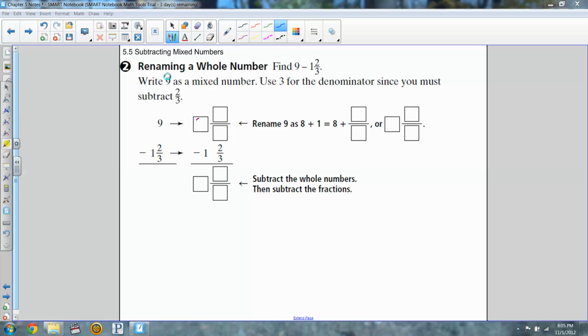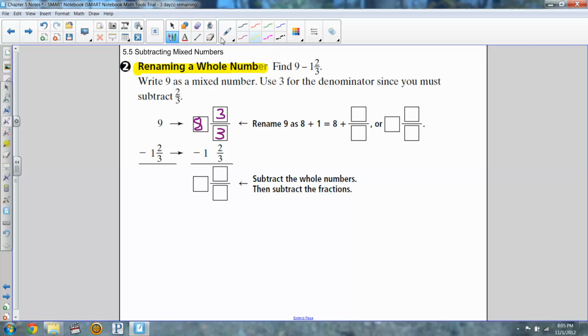Second example is we might have to rename our whole number. So notice in this problem I only have a whole number, 9, minus 1 2/3, which is a mixed number. Since I don't have a fraction to subtract 2/3 from, I'm going to rename 9 to be 8 3/3.